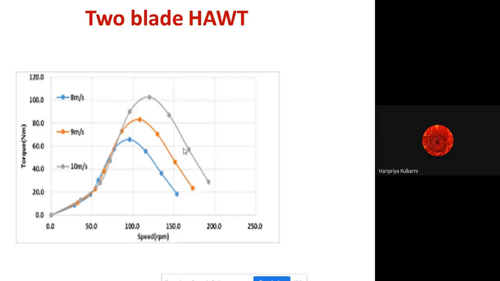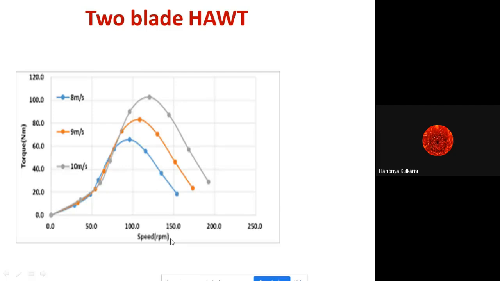This is the characteristics of torque and speed for a two-blade horizontal axis wind turbine. You can see here, the gray line is the maximum, 10 meters per second, which is on the top. So you can see the torque corresponding to the speed.